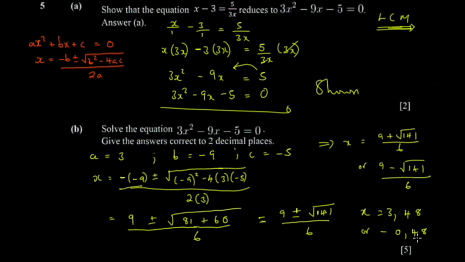You go back to your equation, so you now say 3a squared minus 9a minus 5. You're supposed to get 0. Okay, so I actually got 0. This is validation. Okay, it helps you to know whether you've done your working correctly or not.